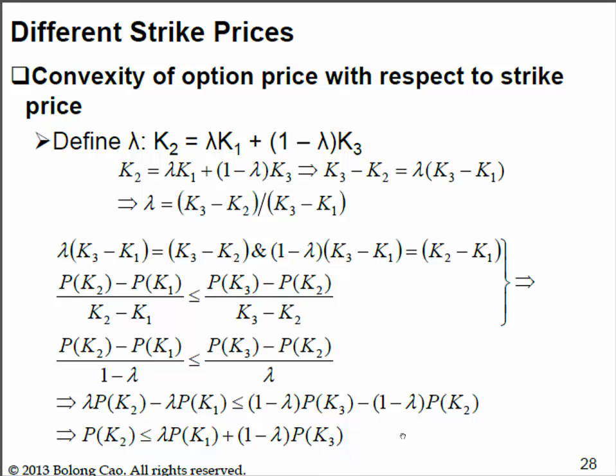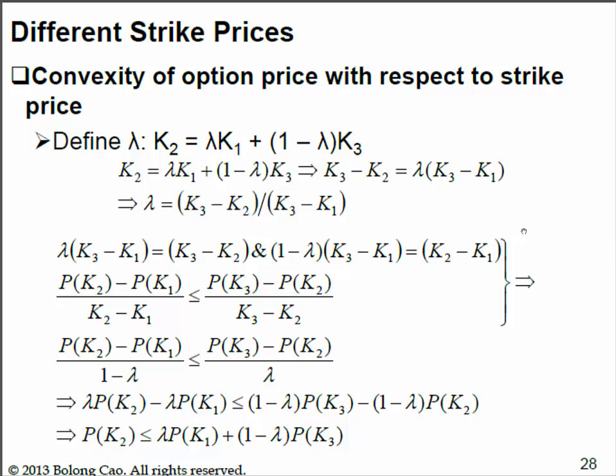And what do we get? We get that the premium of K2, the premium of the middle strike, is less than the combination of the premium of K1 and the premium of K3, still depending on lambda. Lambda applies to PK1 and 1 minus lambda applies to PK3. This is the standard definition for convexity.